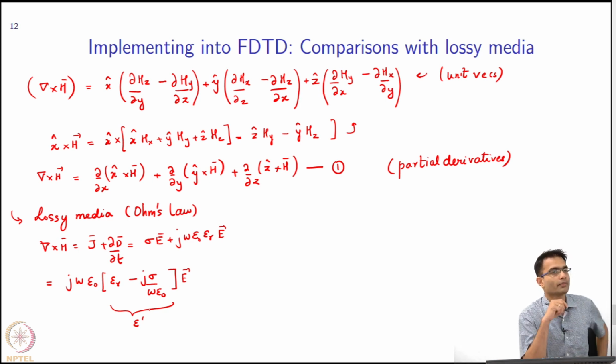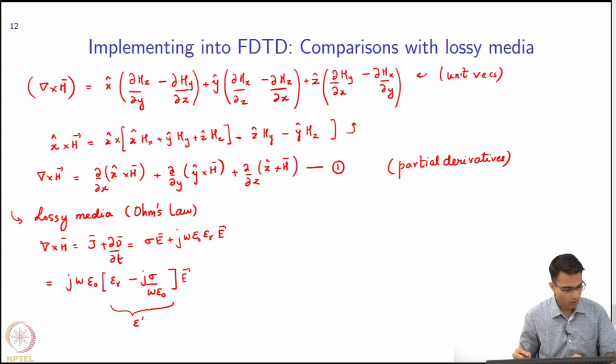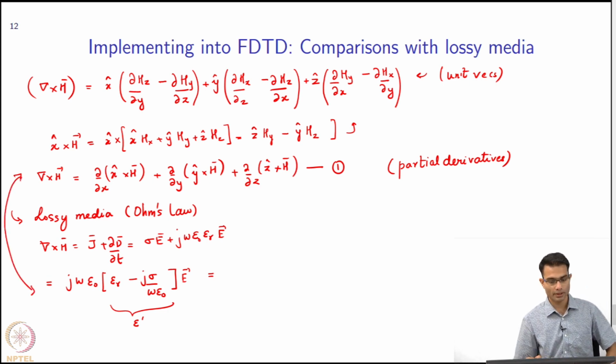Okay. So you might have guessed why we are taking recourse to a lossy media, because we have already given the interpretation that PML with coordinate stretching is like a lossy anisotropic media, right. So we can use something that we already know over here. Now curl of H by Maxwell's equations is going to be equal to, I can now use this equation 1 that I have written over here, right.